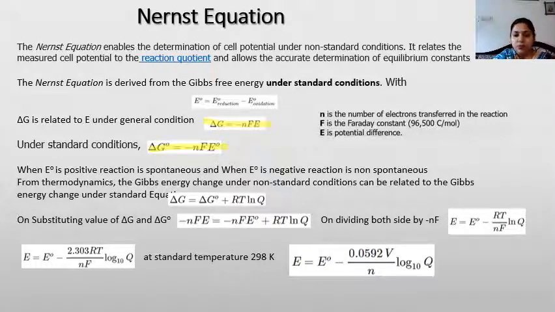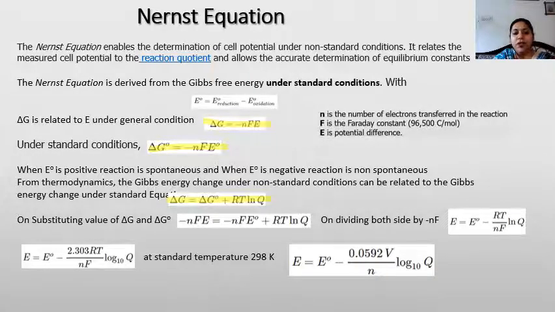From thermodynamics, the Gibbs energy change under non-standard condition can be related to the Gibbs energy change under standard condition, and this is given by the equation delta G is equal to delta G naught plus RT natural log Q, where Q is the reaction quotient. This is the relation between delta G and delta G standard.